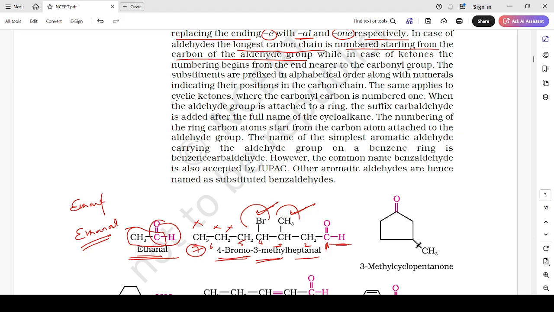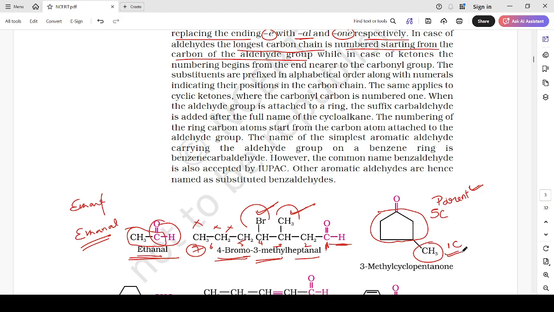Look at this here. It is a cyclic compound. Whenever you are having a cyclic compound, what should you do? Count the number of carbons in the cycle, and count the number of carbons in the substituent. There are 5 carbons here, there is only 1 carbon here. So which is the parent molecule? This is the parent molecule.